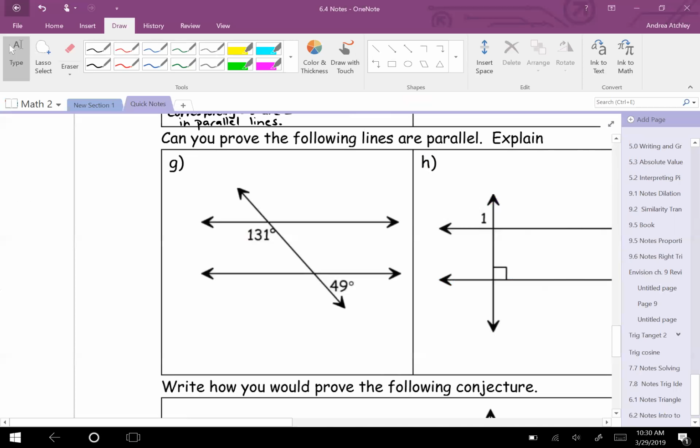How do I know they're going to be parallel? I need to prove some of my angles are congruent or supplementary, and there's more than one way to do this.